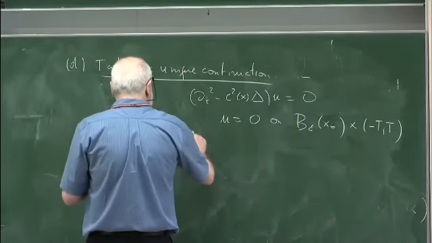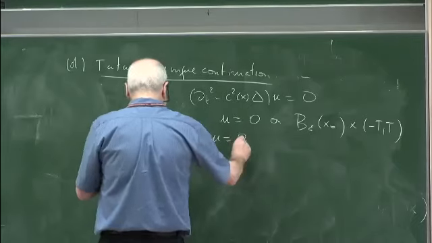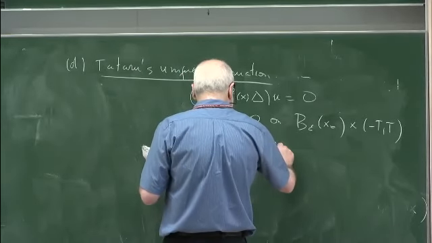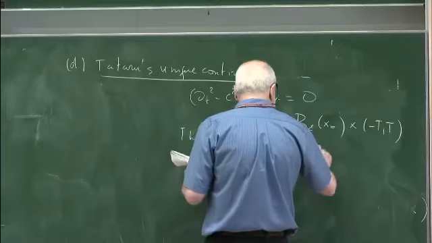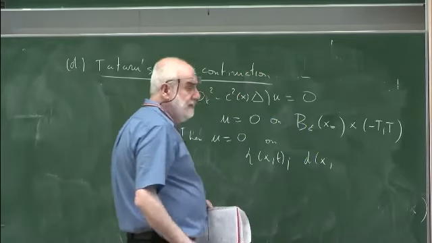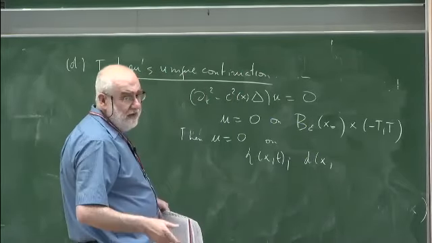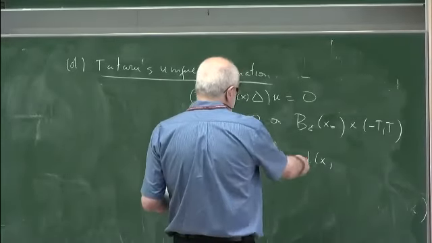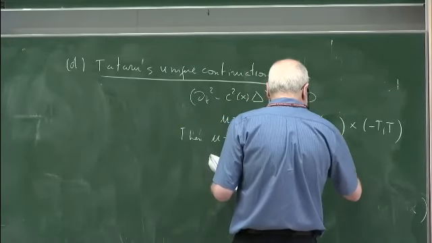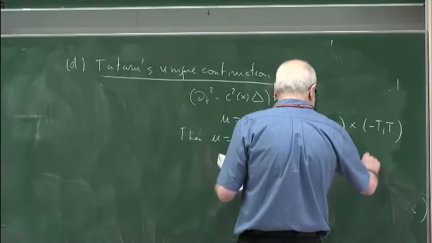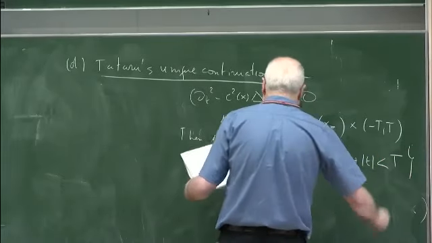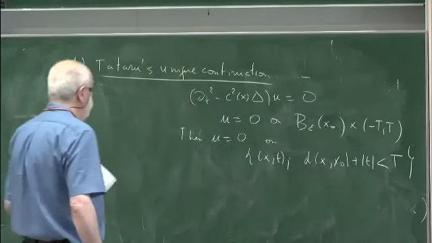Then u is equal to 0 on the set of (x,t) such that the distance, again in the metric defined by 1 over c squared, which in the case c equal to 1 is just the modulus, from x0 plus modulus t is less than T. So let me draw a picture.